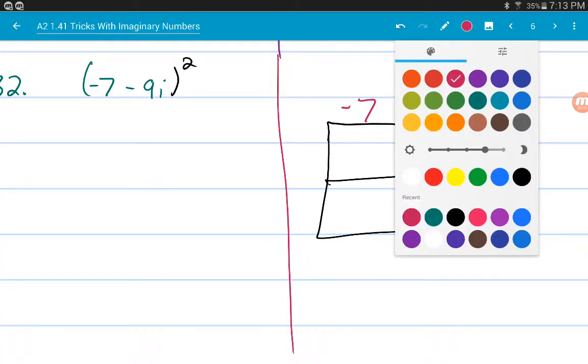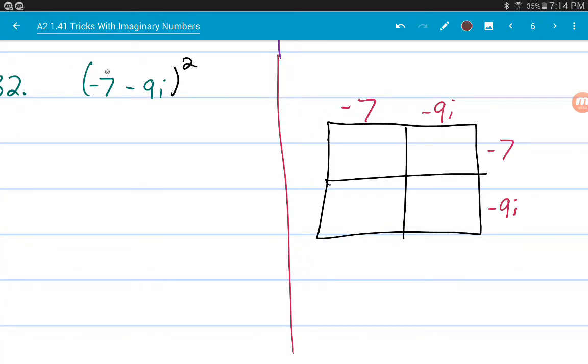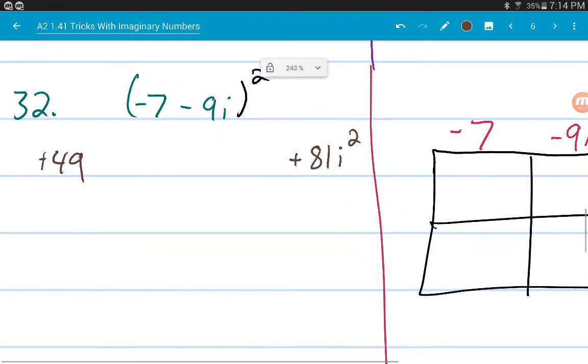If I'm going to use the shortcut, here's what happens. Negative 7 squared, negative 7 times negative 7, positive 49. Now negative 9i times negative 9i is positive 81i squared. And then we multiply the two inside, negative 7 times negative 9i.